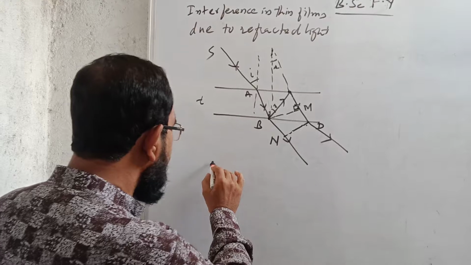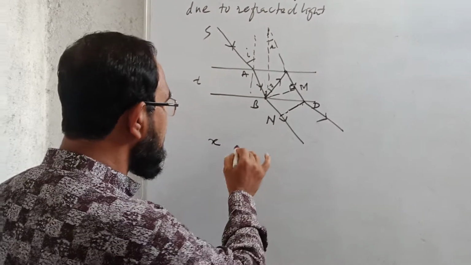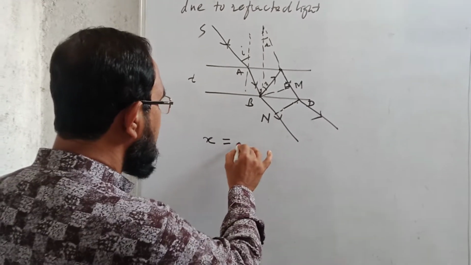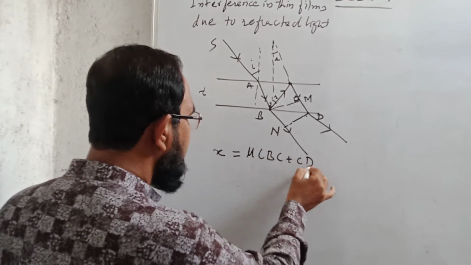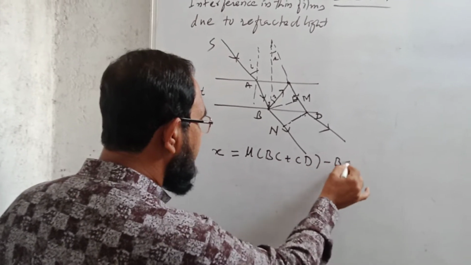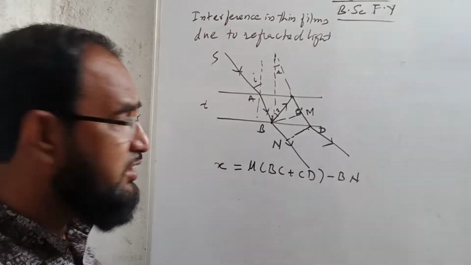So this path difference x between these two rays is equal to mu BC plus CD minus BN. How come?